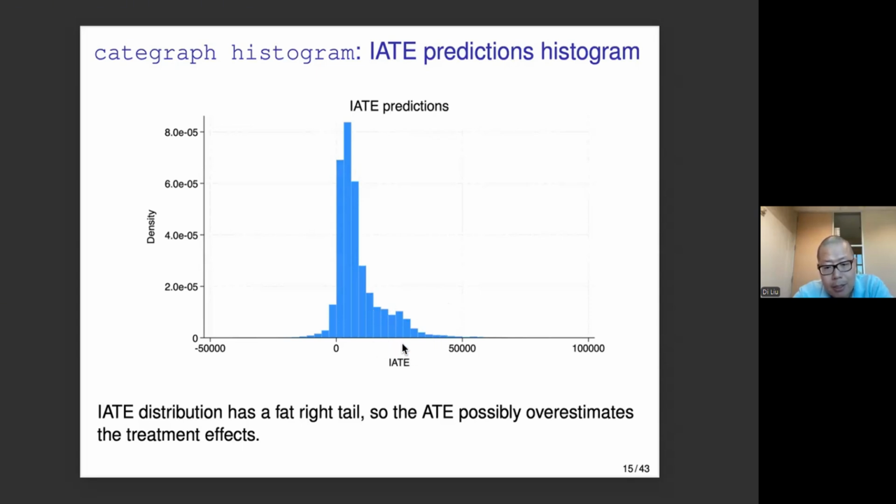If you take the average of the whole distribution, the ATE should stay somewhere around here. However, if you look at the most concentrated values of the distribution, which is this part, it means the ATE possibly overestimates the treatment effects.